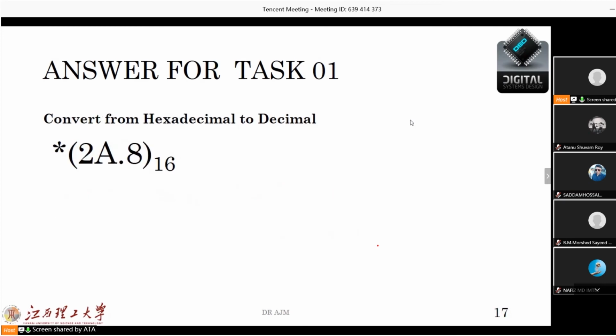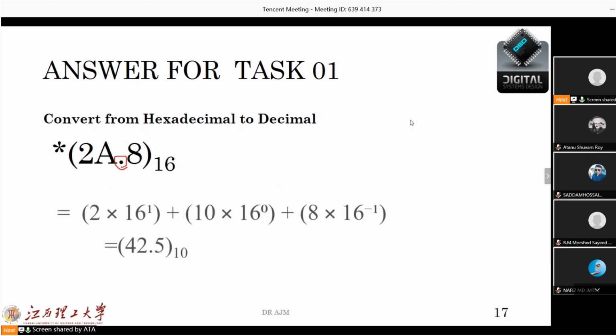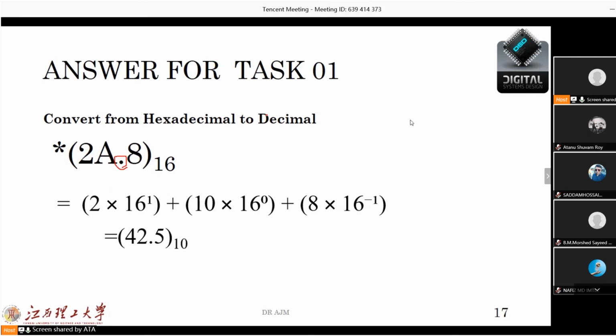Okay, what if I have a question like this? 2A point A, a float number: how can I convert it to decimal? Very simple. I can say 2 multiplied by 16, with power 1, since there is 1 digit after it.